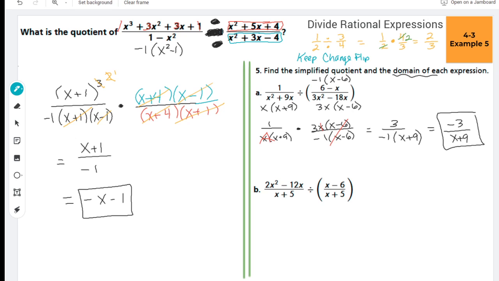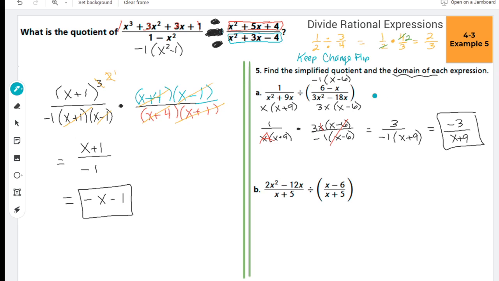As we've seen in the previous examples, we know that you don't want to reduce your domain after you've canceled out fractions. And so the answer is you do it before the keep change flip.